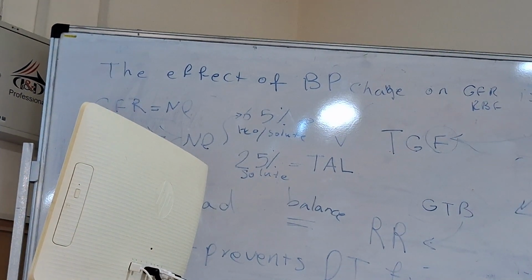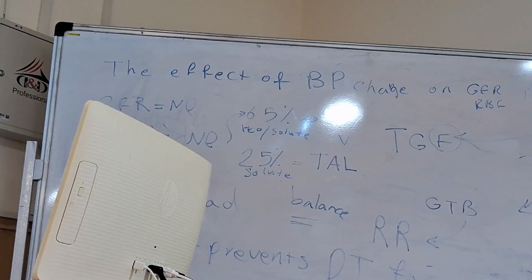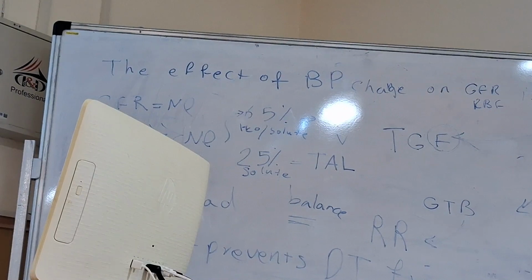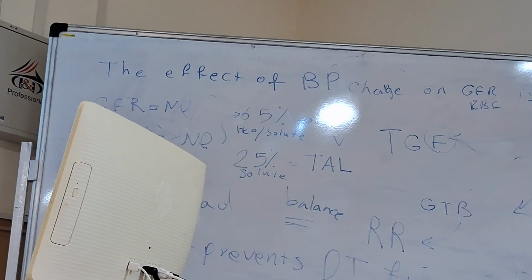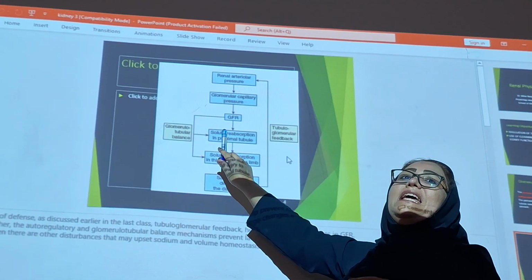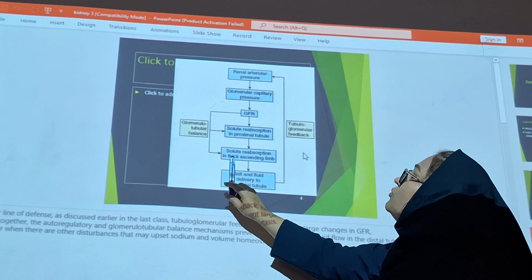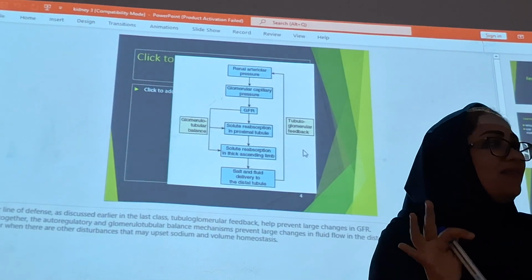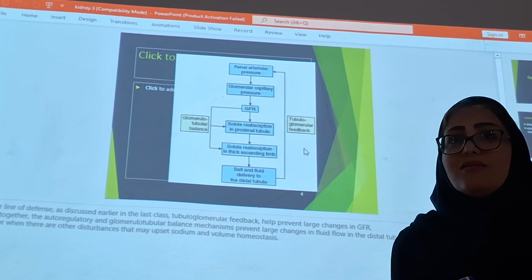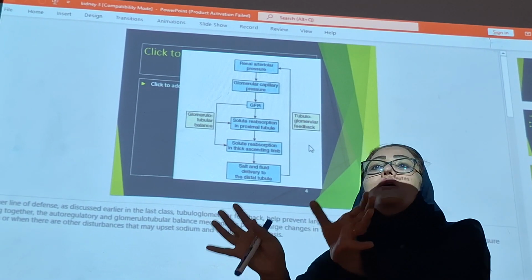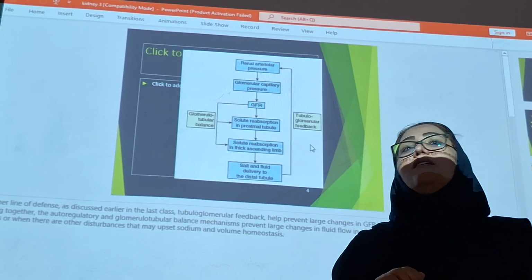Here you can see TGF, I will talk about that later, and here GTB. It says when GFR increases or decreases, the percentage of reabsorption in the proximal tubule and thick ascending limb is constant. It prevents overloading of fluid in the distal portion of the nephron.